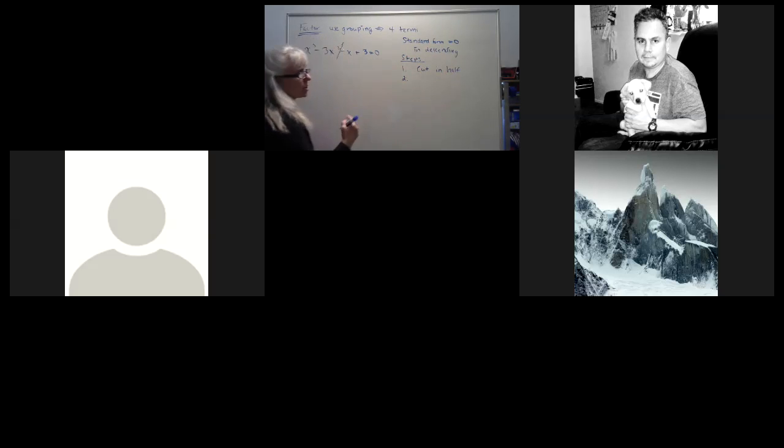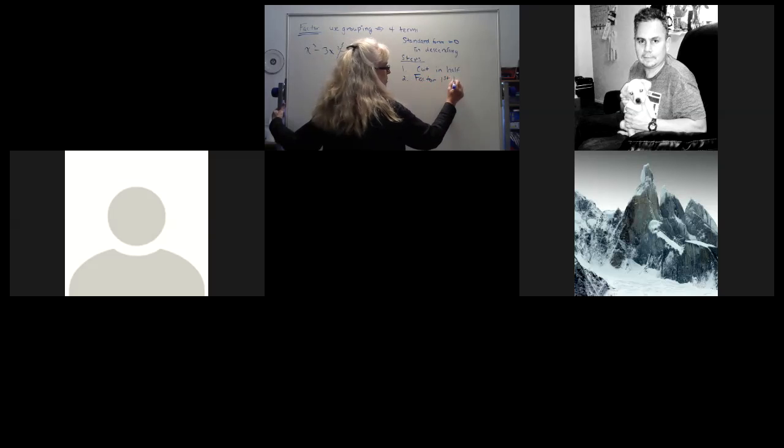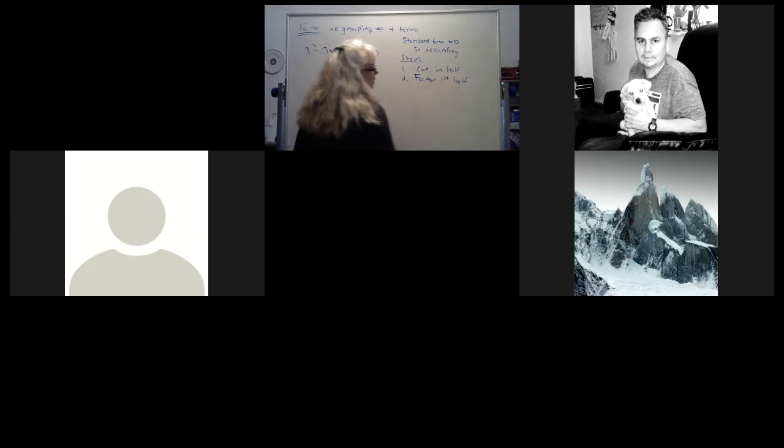I want to factor the first half. So the first half is the x to the third minus the 3x squared. We want to pull anything out that we can. Well, both of those terms have an x squared in common. That's going to leave me with x minus 3.